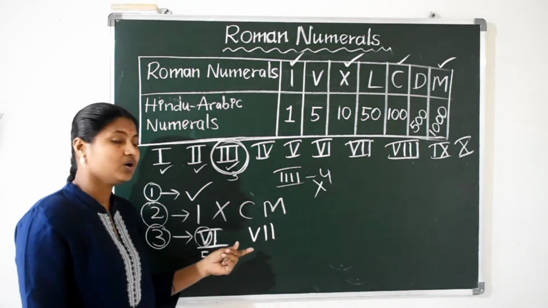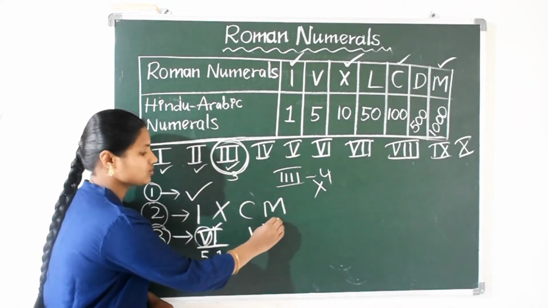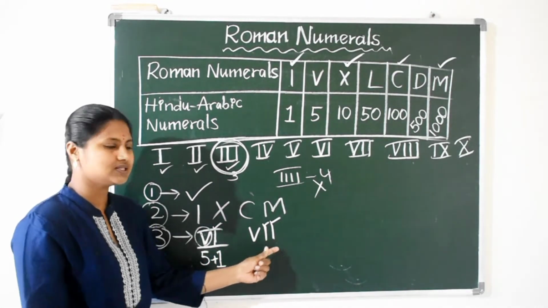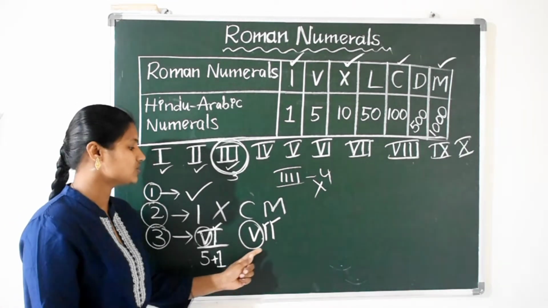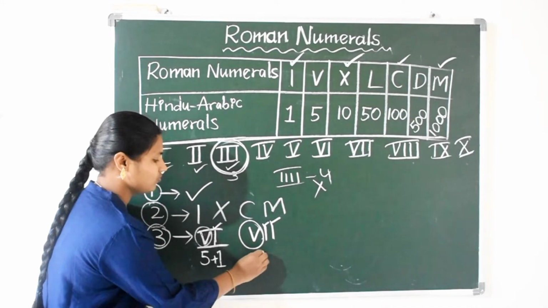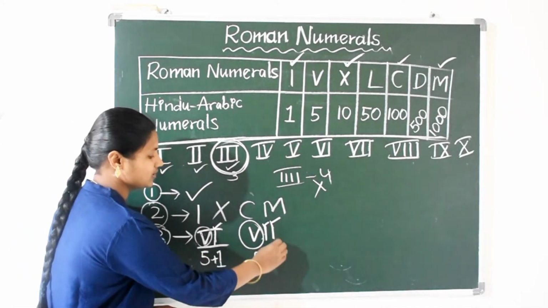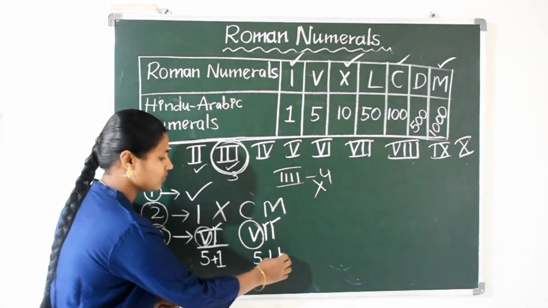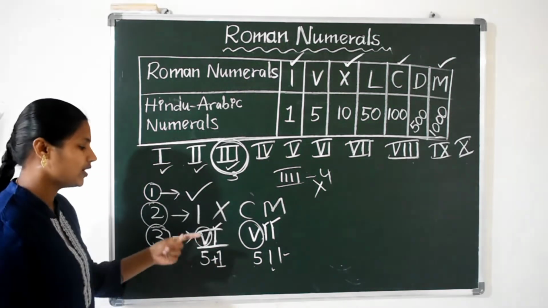So if one or more symbols are placed after the greater value, the values are to be added. Okay, so here V means 5, I means 1, and this I also means 1. After the greater value, 2 smaller numbers are there, so we have to add.